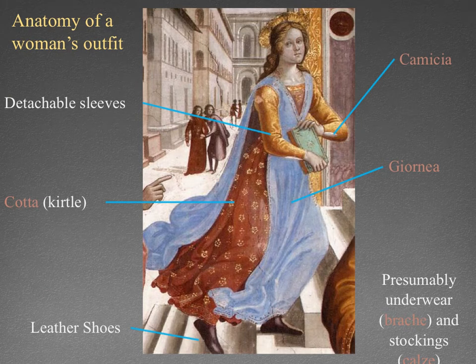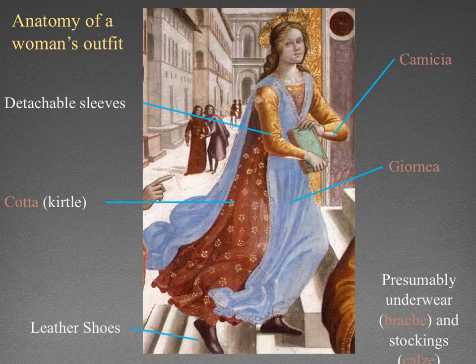So here's an image of all those layers of a summer outfit. You can see her white linen camicia just barely peeking through on that one sleeve that's slit there. She's got this orange red cotta on. I'm assuming it's a cotta because it seems really lightweight, right?